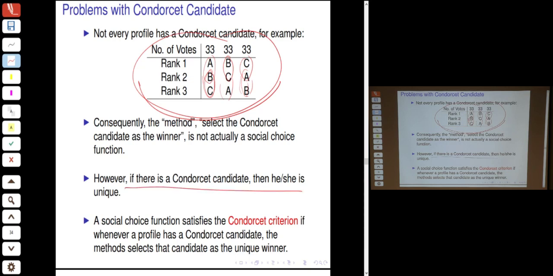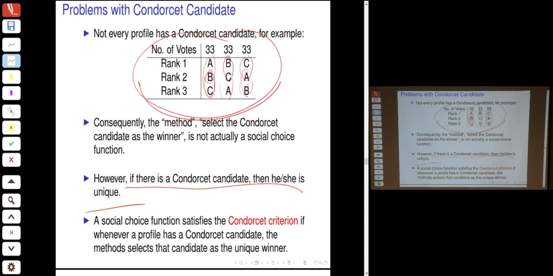However, if there is a Condorcet candidate, then he or she is unique. So there is no problem of having multiple winners in the Condorcet method. And the easy way to see it is that suppose there were multiple winners. So suppose there were 2 Condorcet candidates. Let's say A and B, these are the 2 Condorcet candidates or Condorcet winners.